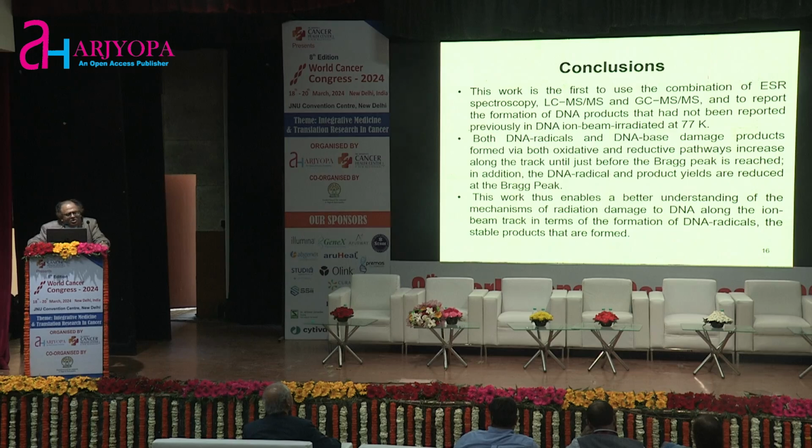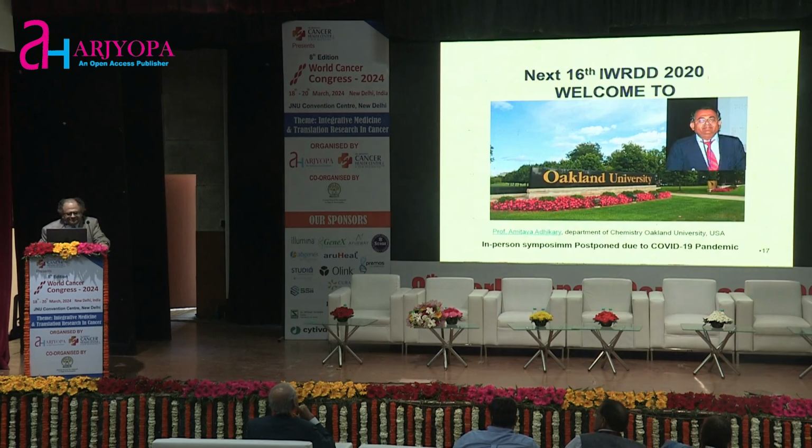And what is most important is the maximum amount of the product is found just before the Bragg peak. And therefore, this work provides a much better understanding of the mechanisms of the radiation damage along the ion beam track in terms of the formation of the DNA radicals and the formation of the stable diamagnetic products.